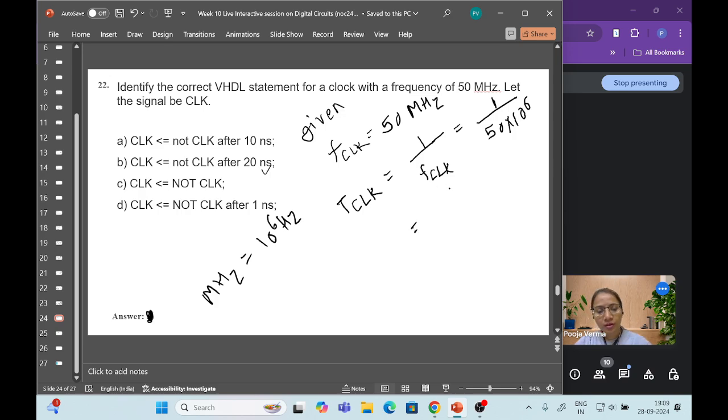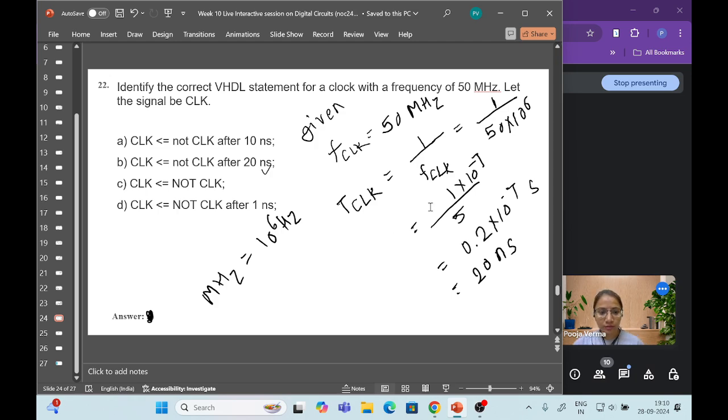So 1 by 5 is 0.2, and if we further solve it, we will get 0.2 into 10 to the power minus 6 second. Now if we convert, we will get 20 nanosecond.